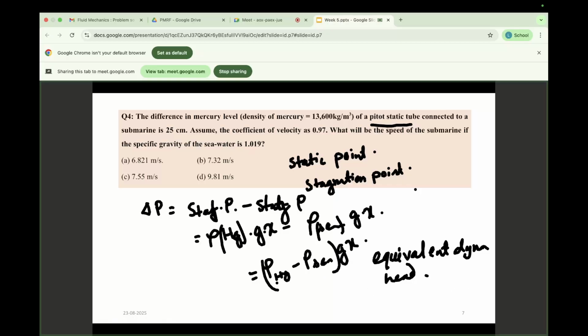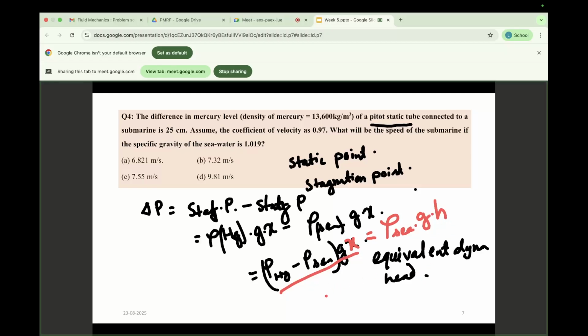So if I represent this pressure, say I am taking this one as a dynamic pressure, I can write this one as rho C into g into H. That means X is the reading of this pitot tube, and this H corresponds to the original value, if a certain pressure difference we need to get in C. So that is the concept.